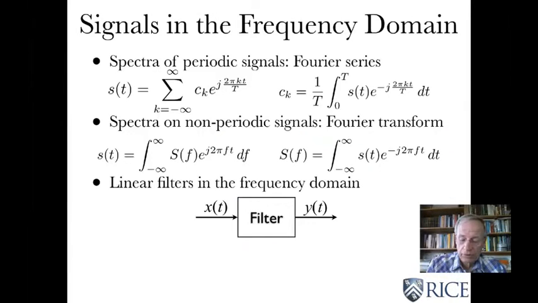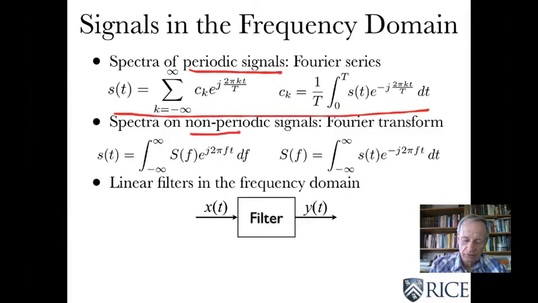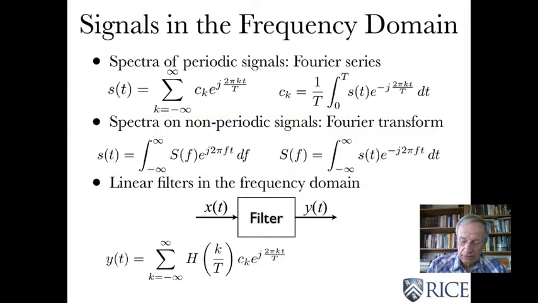So we have finally finished our story of signals in the frequency domain. So if you have a periodic signal, its spectrum is given by a Fourier series. If you have a non-periodic signal, it's the Fourier transform and its inverse Fourier transform that describe how you go back and forth. We now know how to filter anything in the frequency domain.